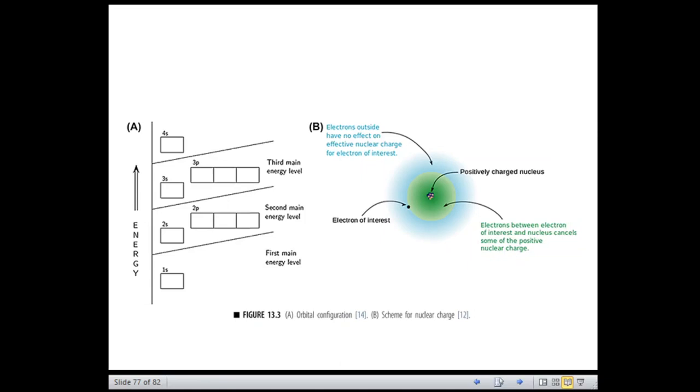What are those characteristics? Such as ionization energy and atomic radius, and also the behavior of each electron within an atom.